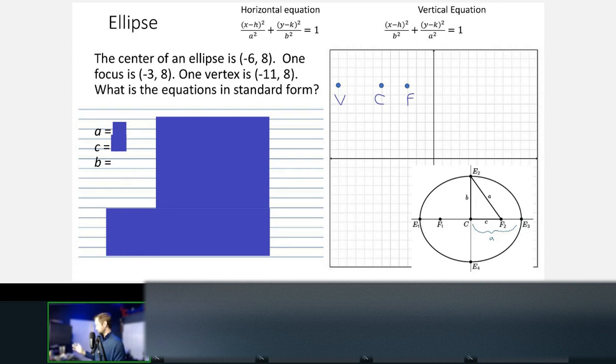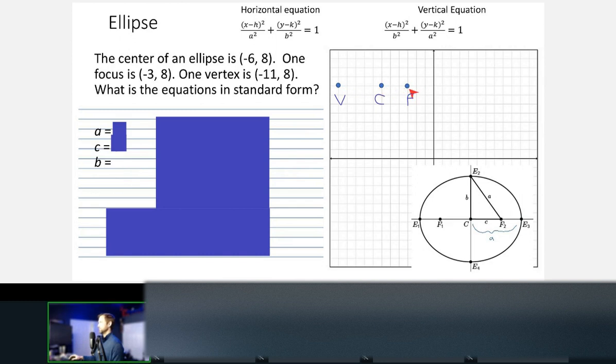All right, so based on our points, is this going to be an ellipse that is a horizontal or a vertical equation? Yeah, it's horizontal because the y stays the same, and we can see there's a center, there's a focus, so it's definitely horizontal.